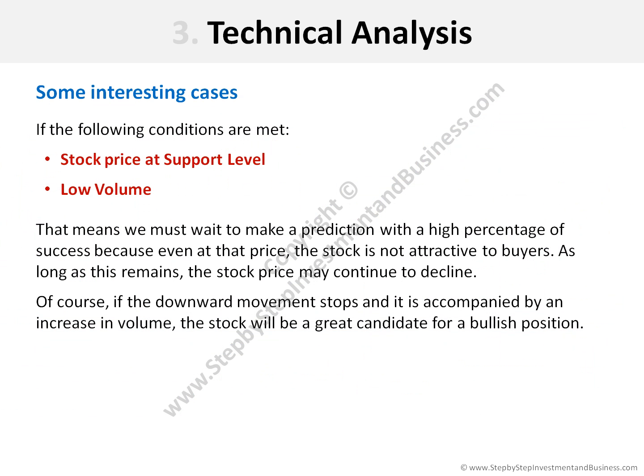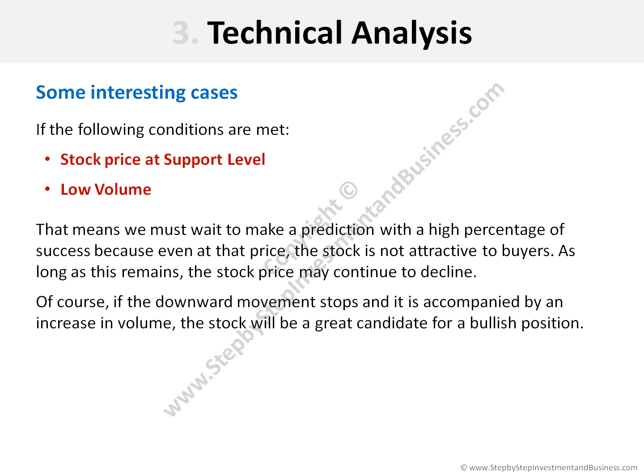Another interesting case is when the following conditions are met: stock price at support level and low volume. Remember that in order to get a bullish signal, when the stock price is at support level, there must also be an increase in volume, and in this case, we have the particularity that the volume is low.